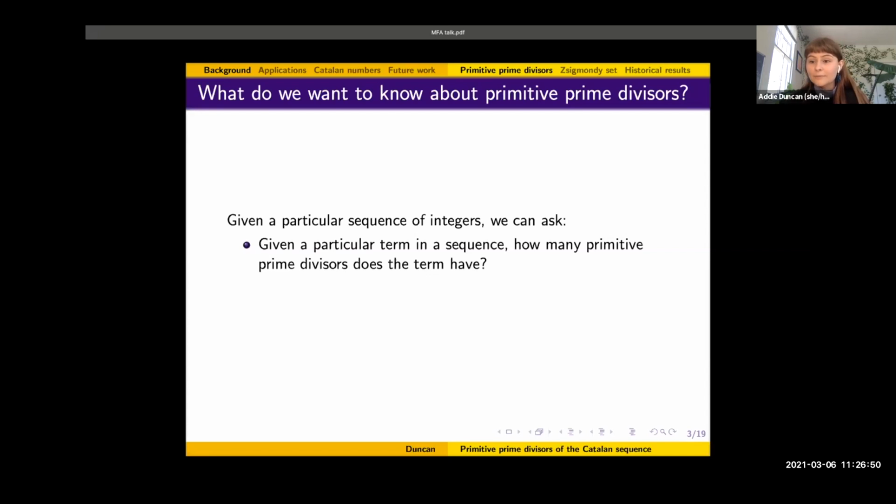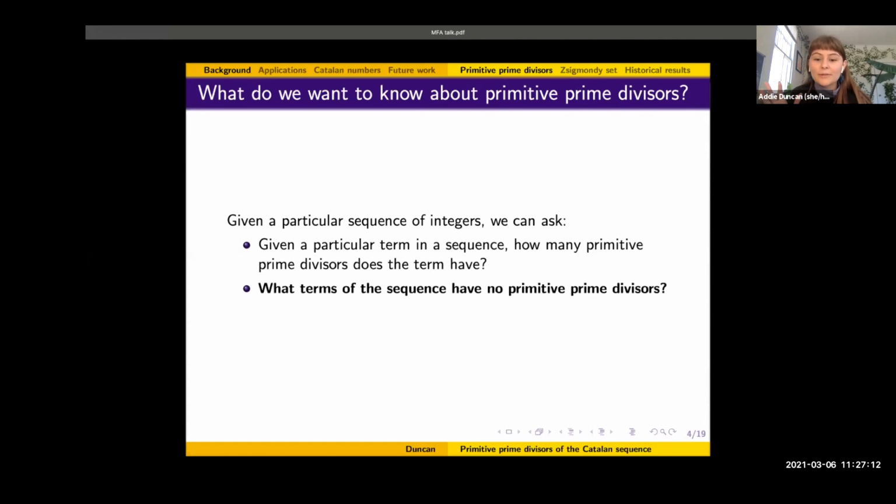Sometimes you can find several primitive prime divisors for a term. Sometimes you can find sequences where all the terms only have one. And this also means you can ask the question, what terms of the sequence have no primitive prime divisors? This is what I'm going to be focusing on in this talk, because it turns out to be a really interesting question to ask.